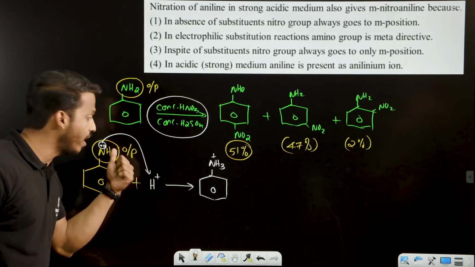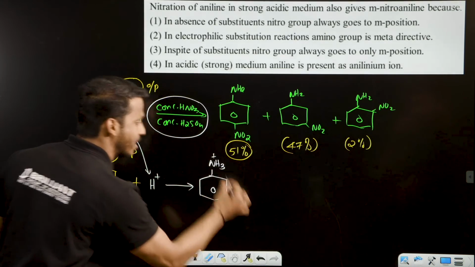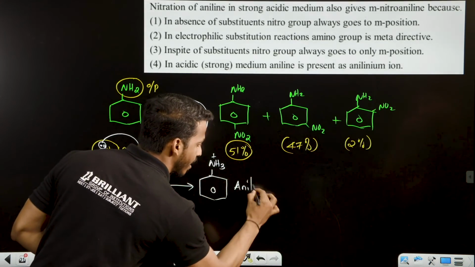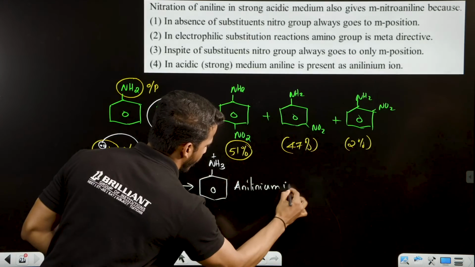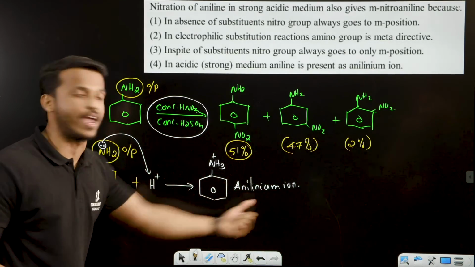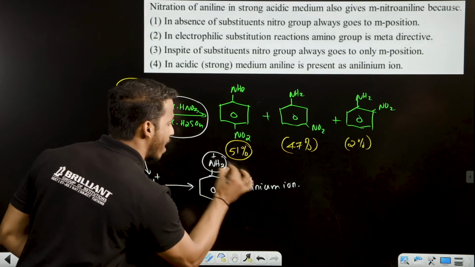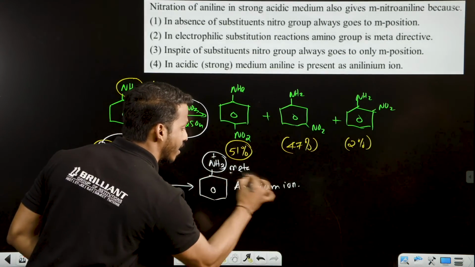Aniline is a base. When it reacts with acid H plus, it becomes benzene with NH3 plus, known as the anilinium ion. On acidification, aniline becomes anilinium ion. Aniline is an ortho-para directing group, whereas anilinium ion is a meta-directing group.